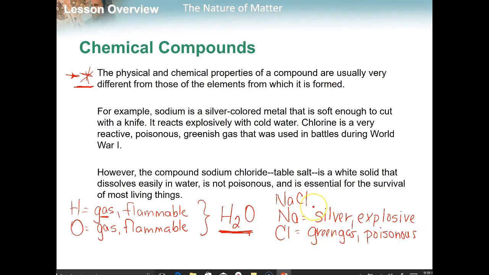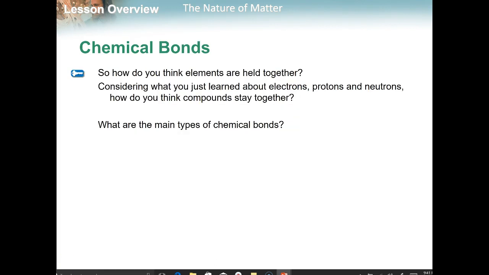So neither one of these by themselves sounds like anything I want to eat, but when we put them together, we get table salt, something we season our food with and cook with all the time. It's a white solid, it dissolves easily in water, it's not poisonous, and we need table salt in our diets.